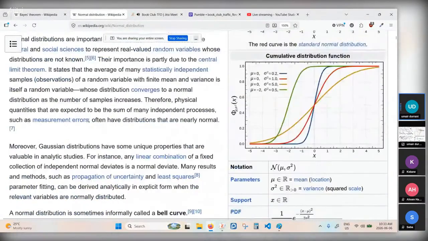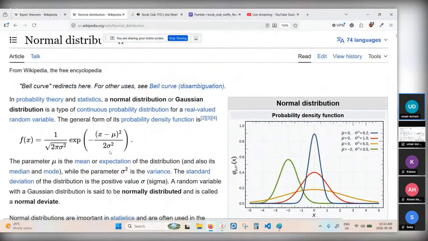The z squared again is this thing. Z is the standard normal value, which we can obtain by subtracting the mean value from the raw value divided by standard deviation.